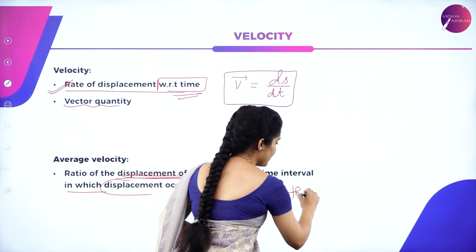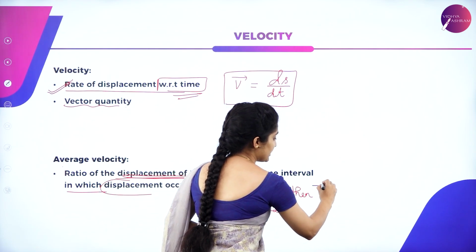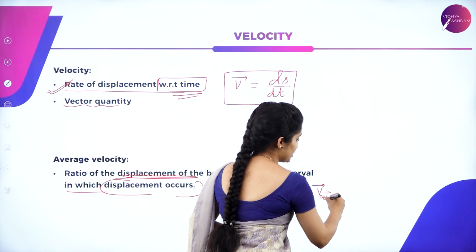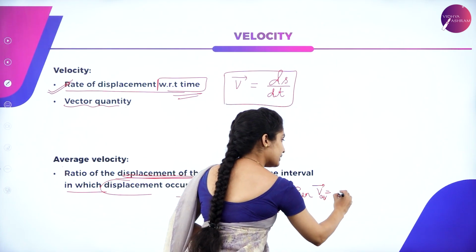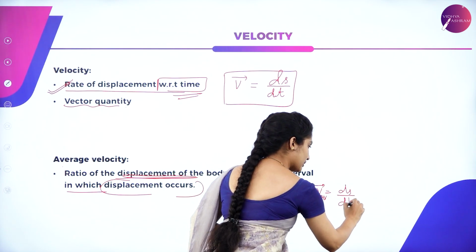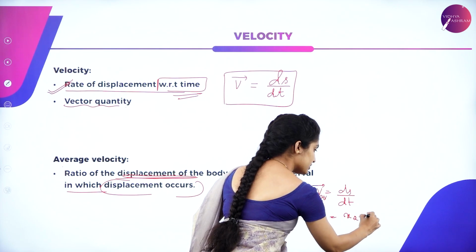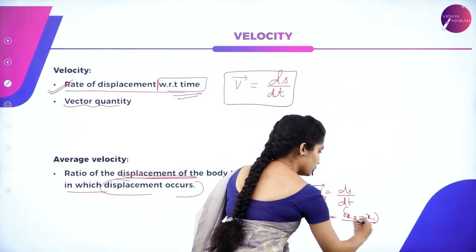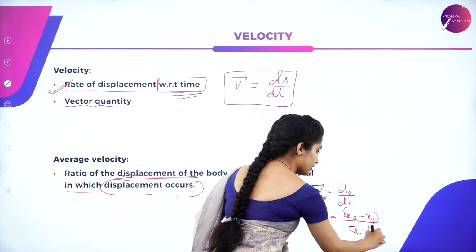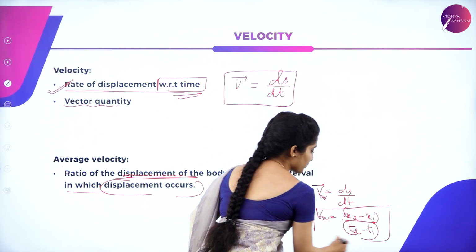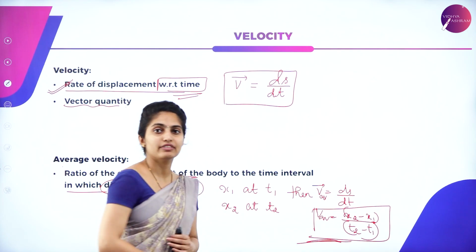Then average velocity, V_AV, is equal to displacement by time taken. That is the change in displacement, x2 minus x1, with respect to t2 minus t1. This will be the equation for the average velocity.